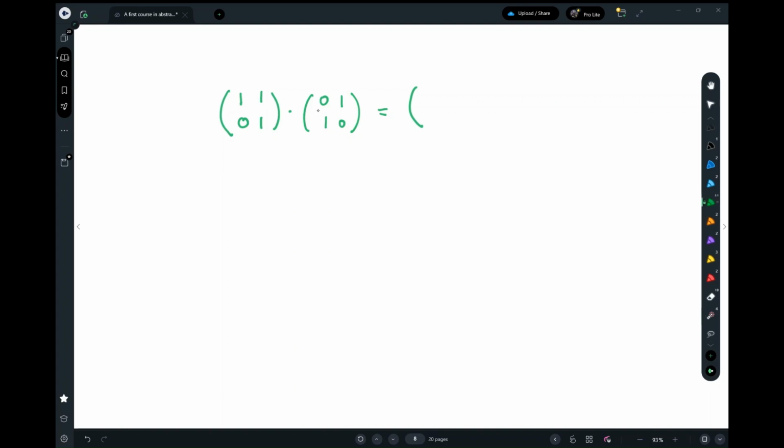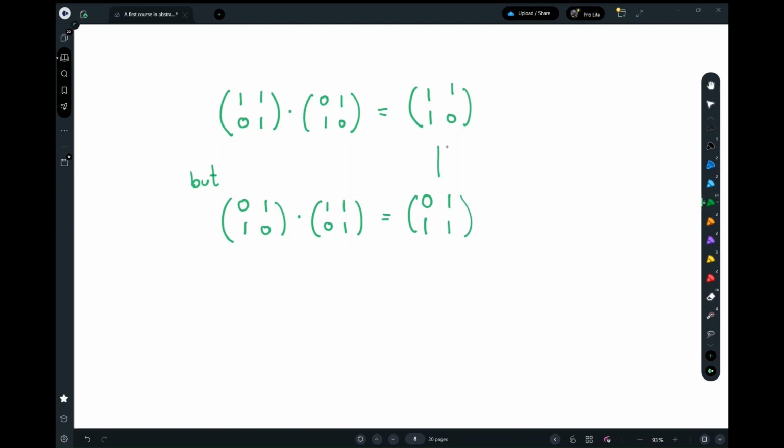So I get 1, 1 times 0, 1, that is 1, 1, 1, 0. But if I go the other way and multiply this one times this one, then I get 0, 1, 1, 1. And these are not the same matrices. So multiplication in GL2R is not commutative.